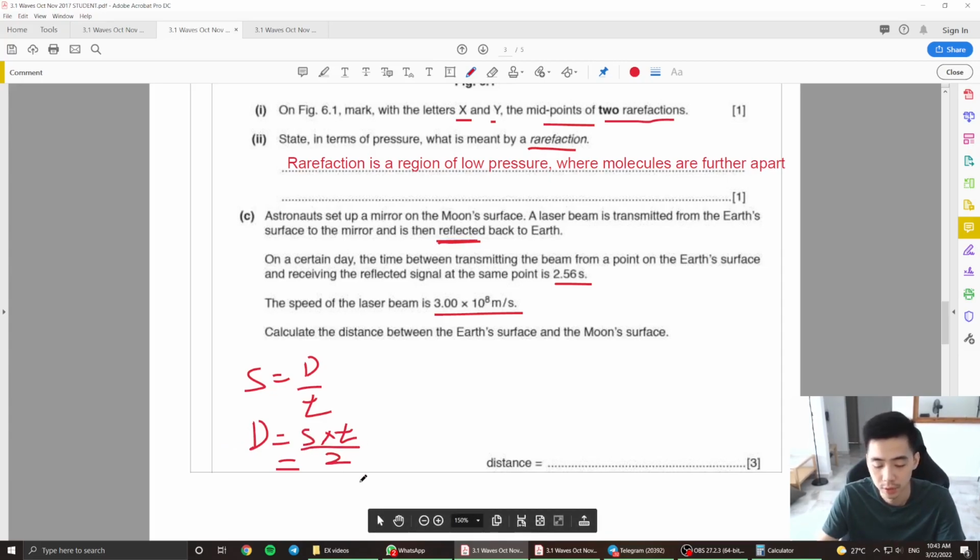Your speed is going to be 3 times 10 to the power of 8. You multiply by 2.56 and divide by 2, and you get a super large number of 3.84 times 10 to the power of 8 meters. 3.84 times 10 to the power of 8 meters.